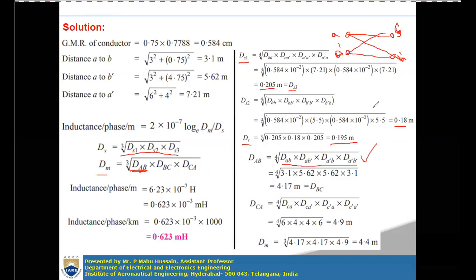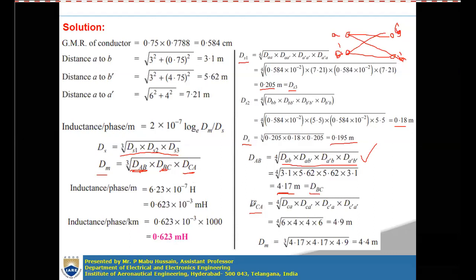You can calculate all the distances from the given configuration. The final value of Dab is 4.17 meters. In a similar process, Dbc also gives the same value, 4.17 meters, when you do it yourself.